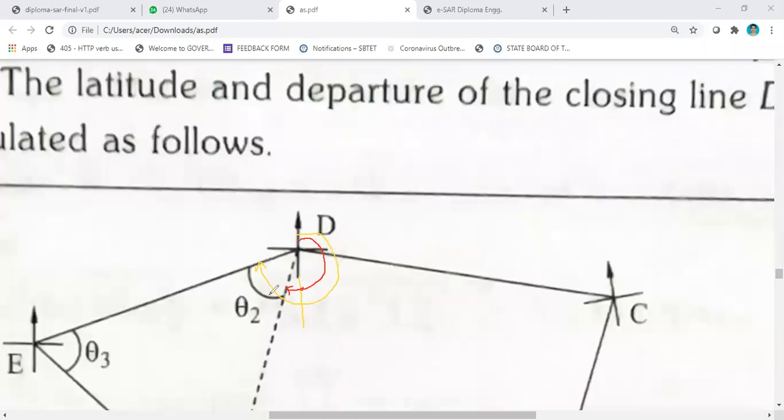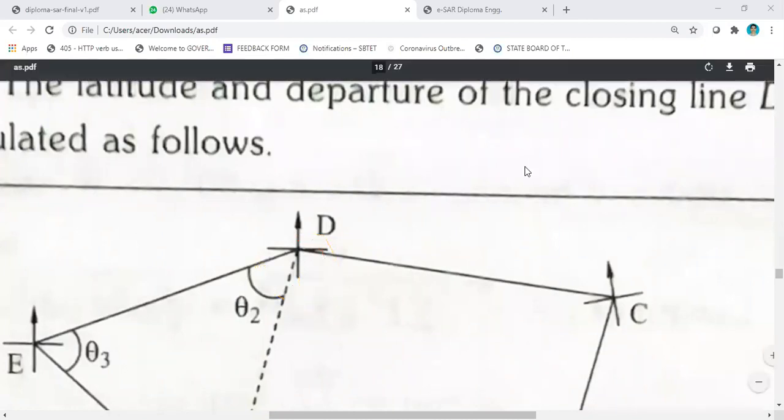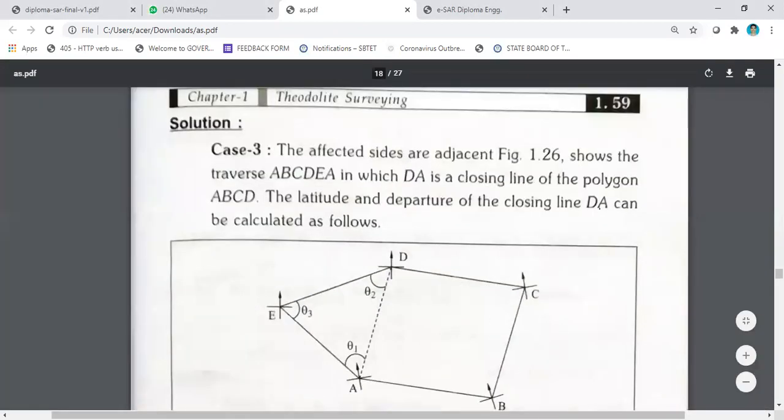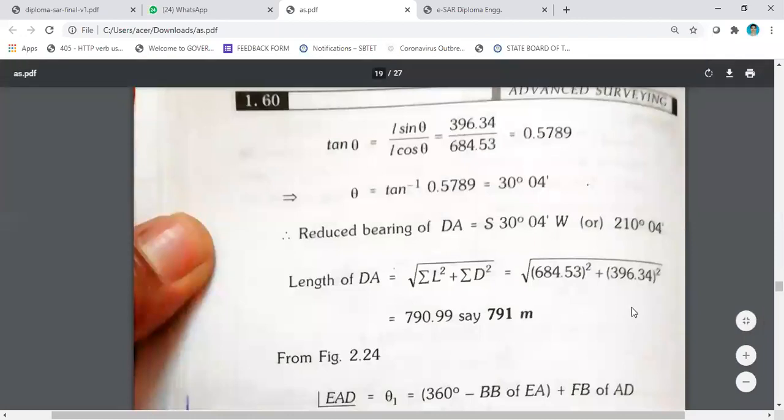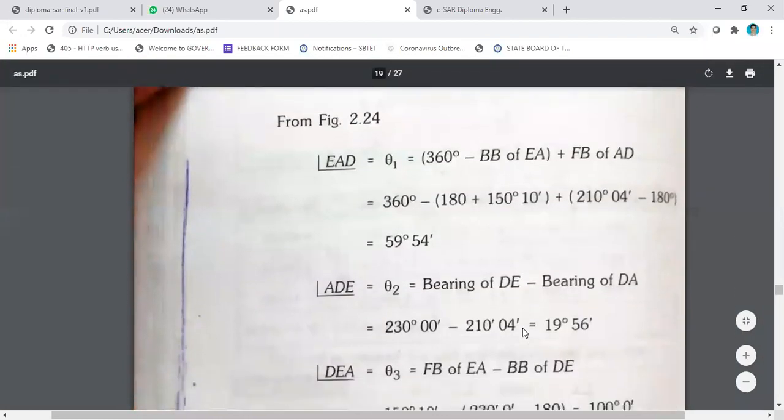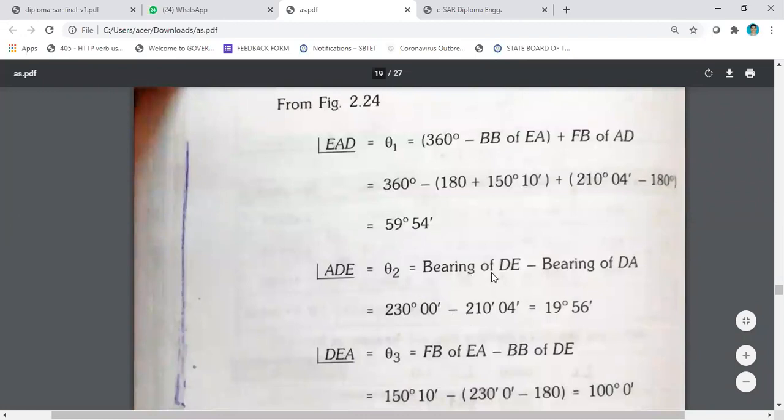So to get theta 2, simply we need to subtract this red color from the yellow color. That's all. So theta 2 is equal to bearing of DE minus bearing of DA, that is 19 degrees 56 minutes.